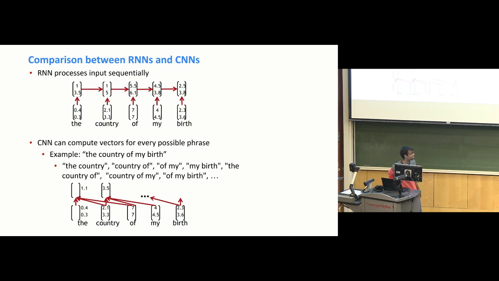And this is an interesting comparison between RNNs and CNNs, something you can probably use in your homework. If you observe over here, RNNs take an input sequentially, whereas CNNs consider the entire sequence at a go.